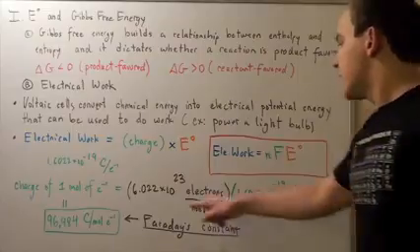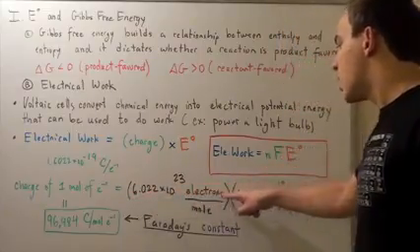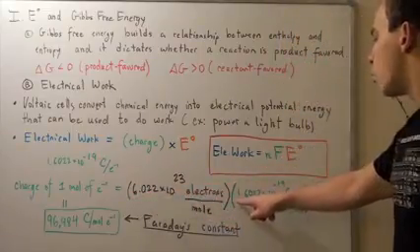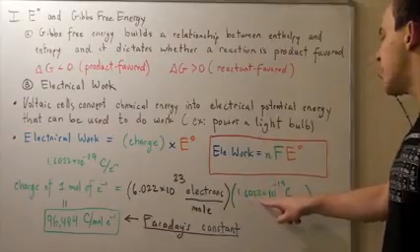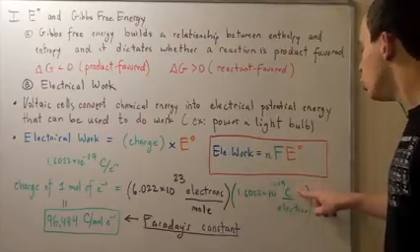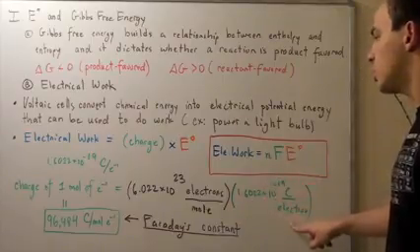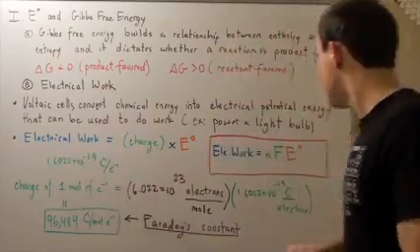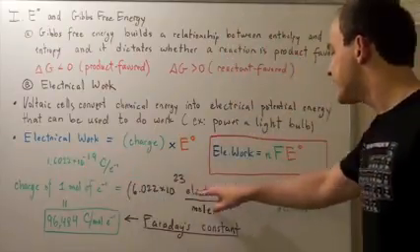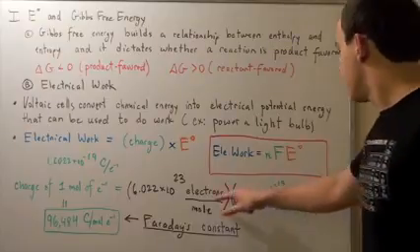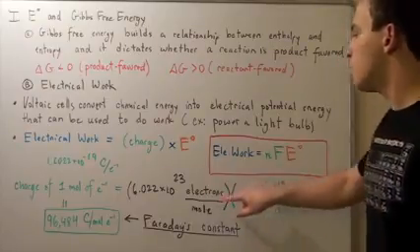Avogadro's number of electrons per mole times 1.6022 times 10 to the negative 19 coulombs per electron, which we got from here. The electrons cancel and we get our units to be coulombs per mole.